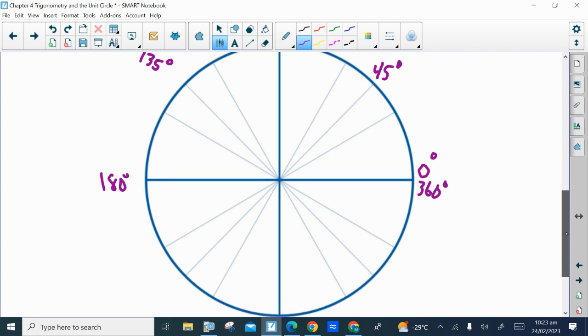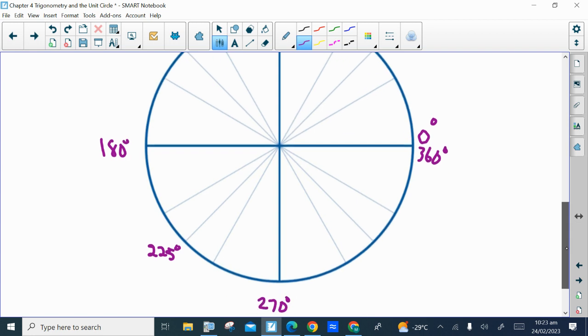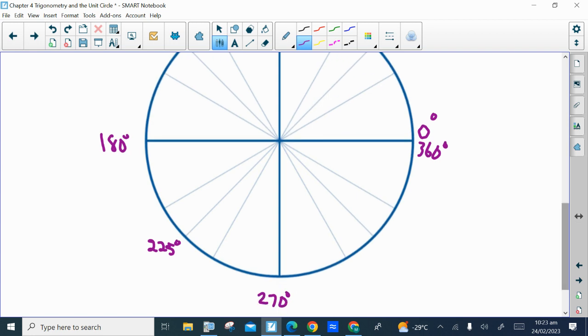Another 45 takes us to 180. 45 degrees past 180 is 225 degrees. Another 45 takes us to 270. Another 45 takes us to 315 degrees. So that's going around the circle in terms of 45 degrees.